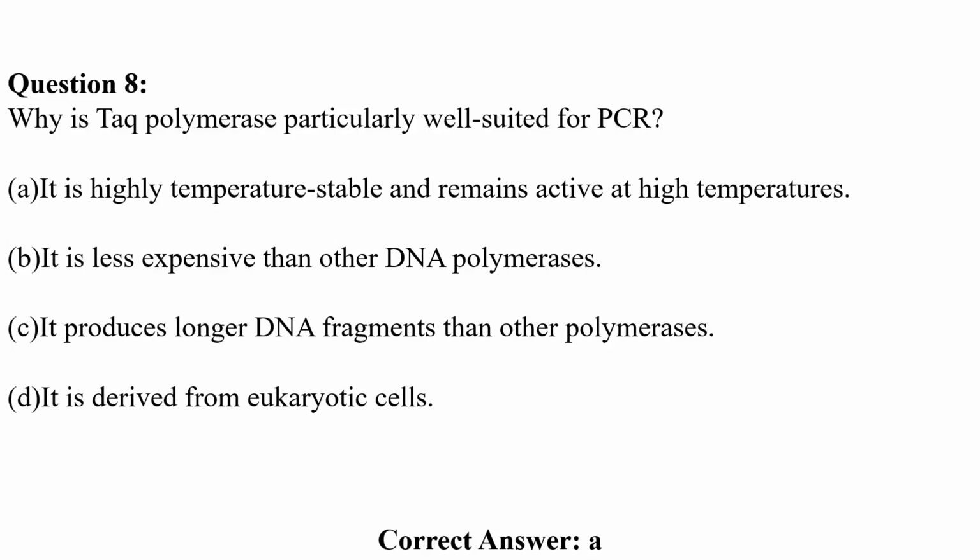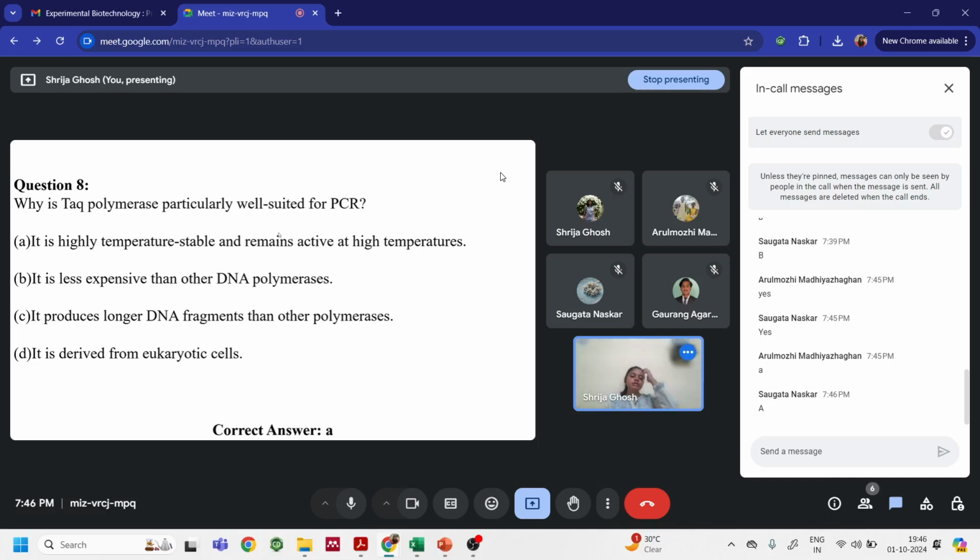So I have already explained. In the PCR reaction, I told you that we do the denaturation step, which is basically heating the DNA so that the hydrogen bonds are broken. Now when we are heating the DNA, the reaction mixture has to reach up to 94-95 degrees Celsius.